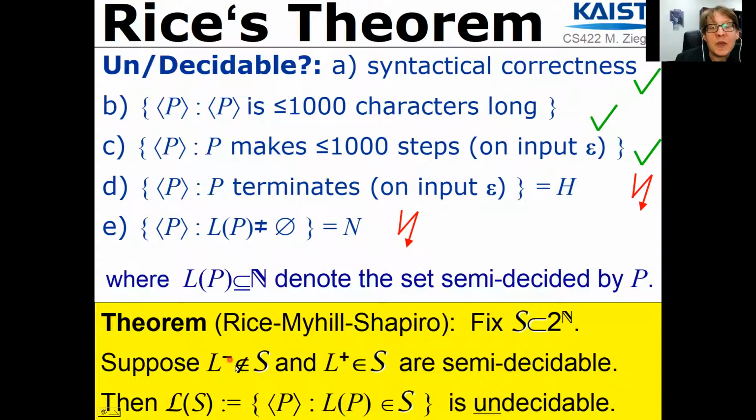But it does not belong to the collection S, as we are currently discussing. And therefore, according to the Rice theorem, the non-triviality problem is undecidable, which we knew before, but now it's a simple application of the Rice theorem. So the Rice theorem is very general and very powerful. That's a message to take away from here.